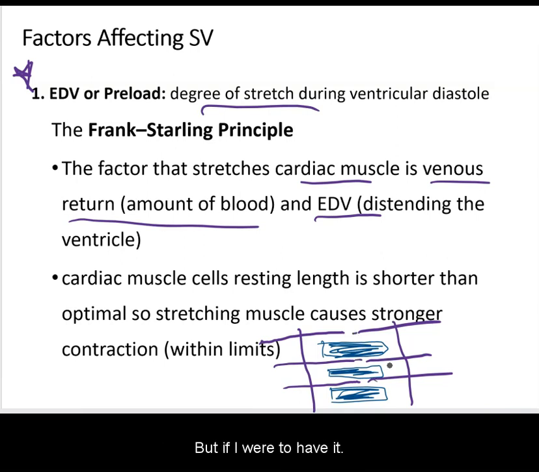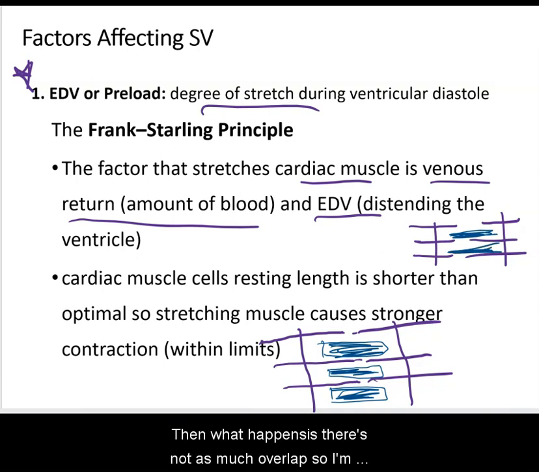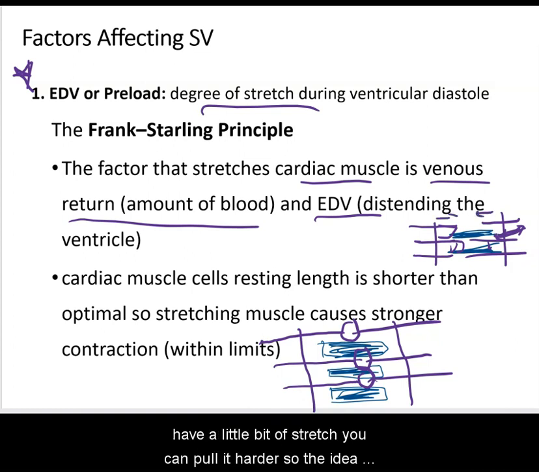But if I were to have it, I'll draw it over here, more like this, then what happens is there's not as much overlap, so I'm able to pull it more. Think about it this way. Think about the size of the H zone as how much you can pull that muscle, how tight you can shrink that sarcomere. But when they have a little bit of stretch, you can pull it harder.